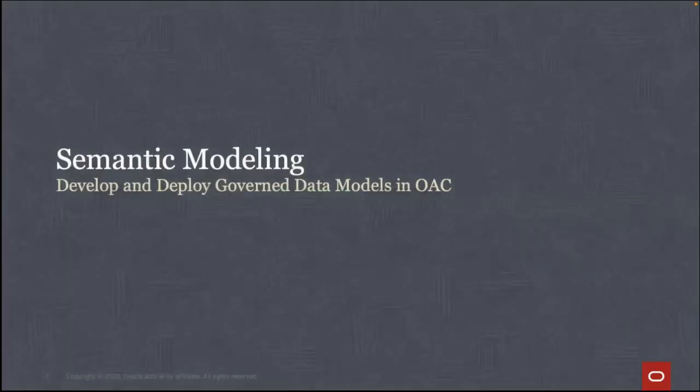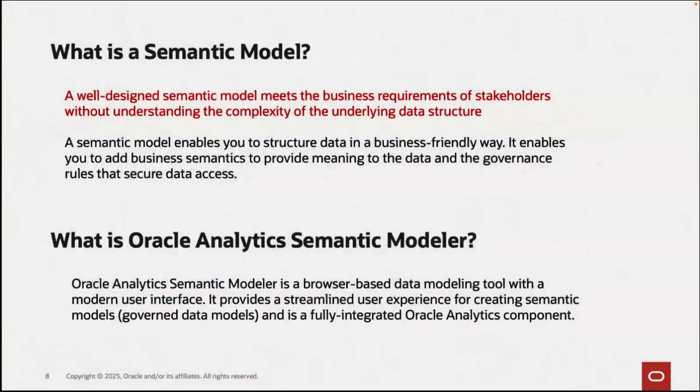So now let's dive into a few different core features of the tool and how you can take advantage of those. So let's begin by defining what a semantic model is and why it matters. A semantic model is essentially your bridge between the raw data and your business users.